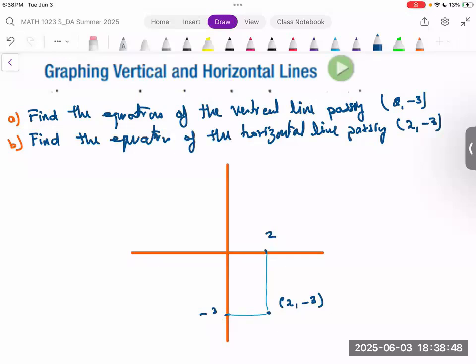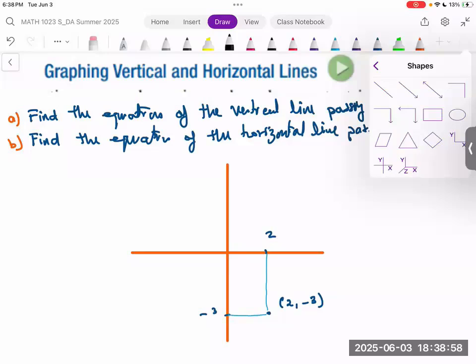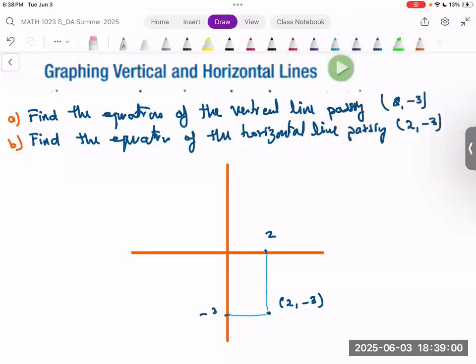Now, if I want to do the vertical line going through the point (2, -3), I'm just going to graph it. Everybody knows how to do the vertical line, right? So the vertical line, you're going to go like this. I missed it again, so let me do it properly.